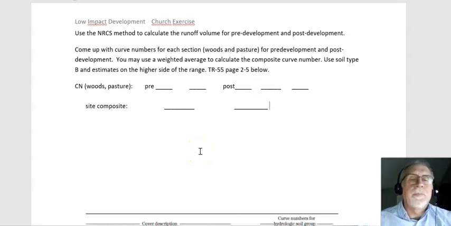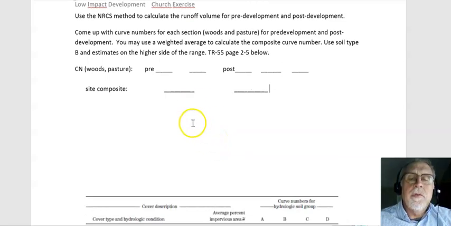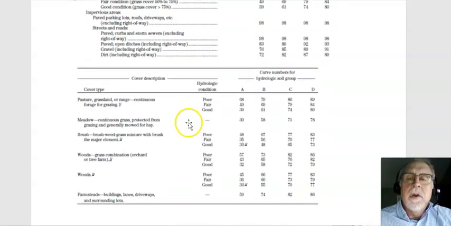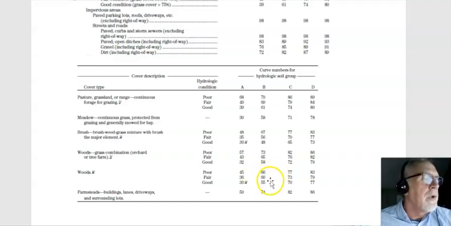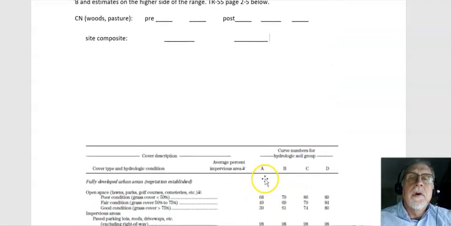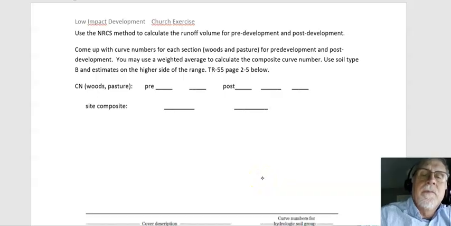For the pre-development, I'm going to choose forest, soil type B, woods. I'll say fair. So I'll give this a 60 here.